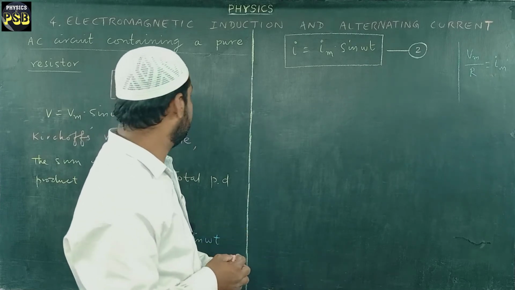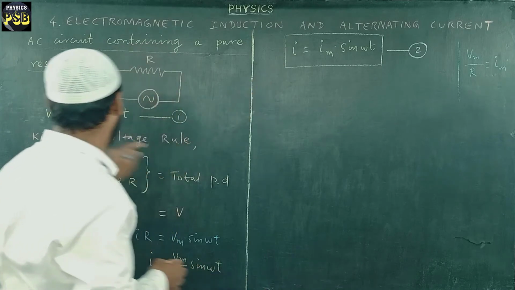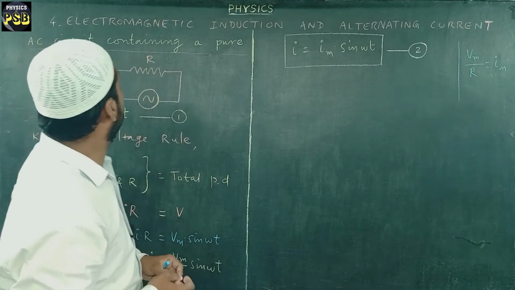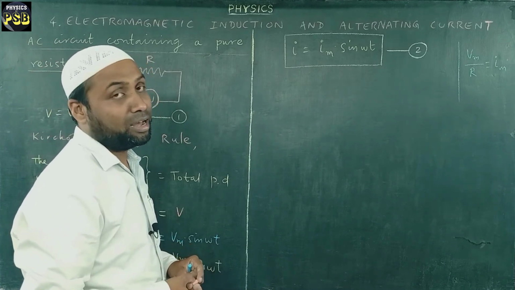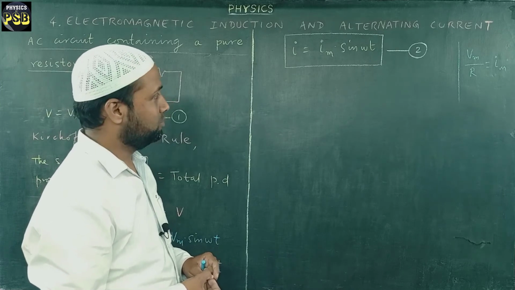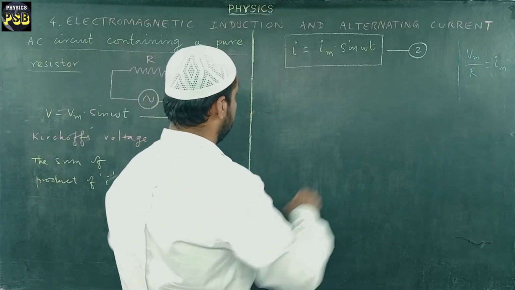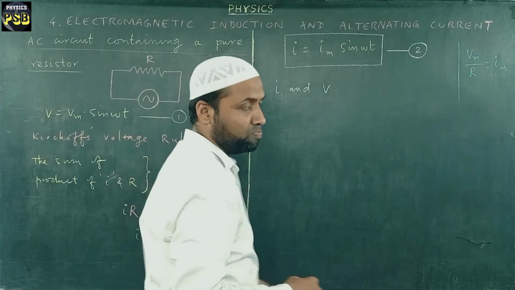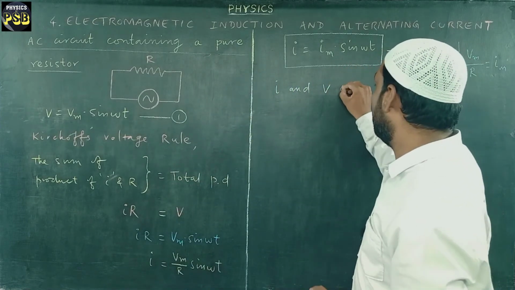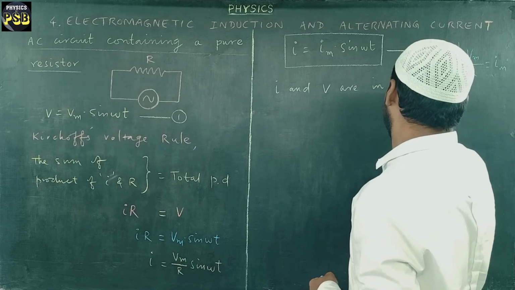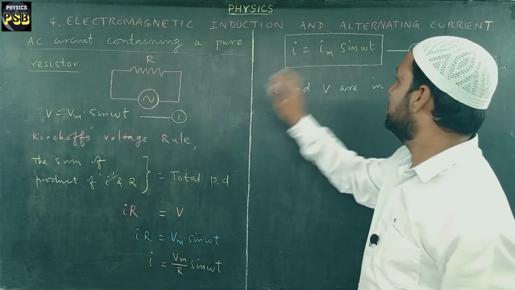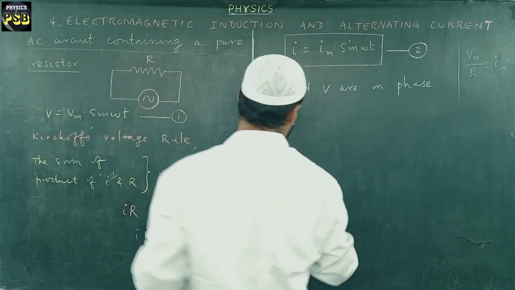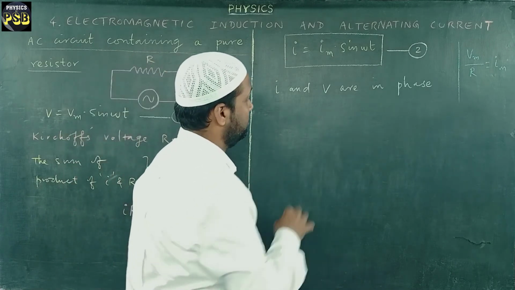This shows that instantaneous current and instantaneous voltage in this circuit are in phase. So I and V are in phase because the difference in the angle between these two is 0.